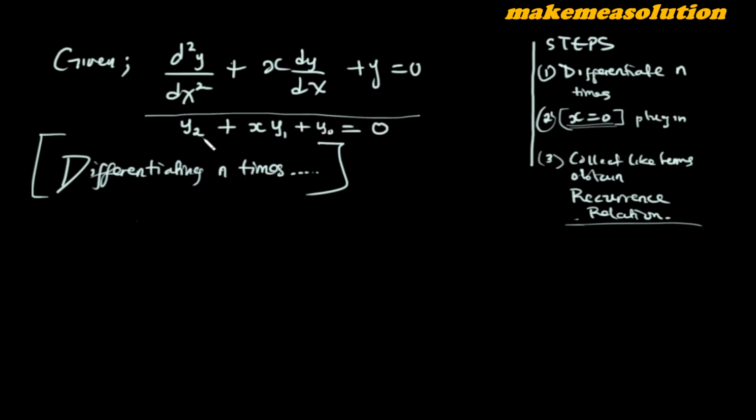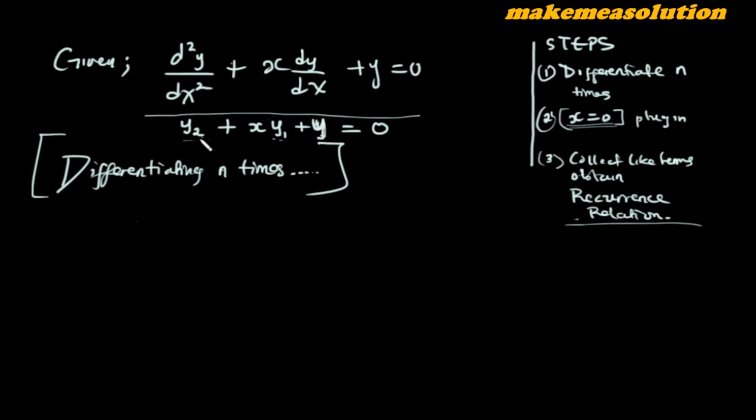So y subscript 2 for the second derivative, x y subscript 1 for the first derivative, and y0 for the 0th derivative, or the neutral function. You could write y0, or you could just write only y, depending on your choice, but I'll just leave it as y.